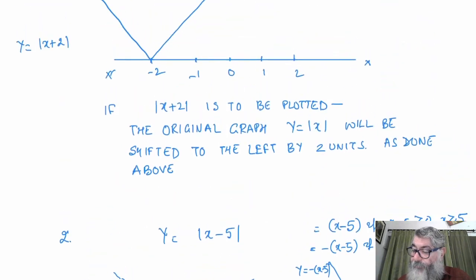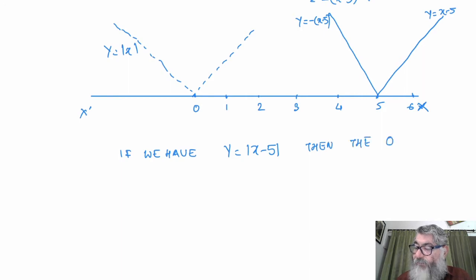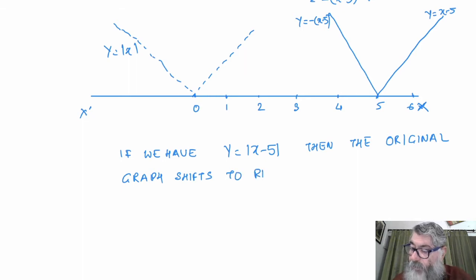In this case, if we have y is equal to modulus x minus 5, then the original graph y is equal to modulus x shifts to the right hand side with 5 units.